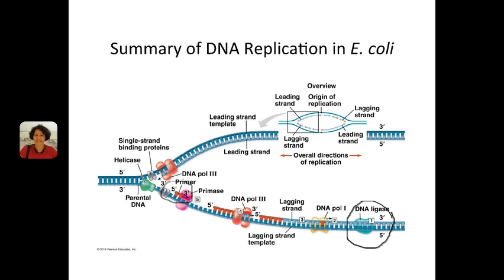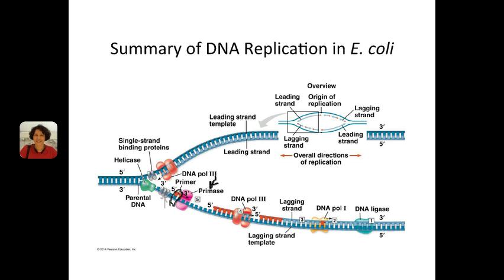If we take a look at what is happening right now, or most recently, we see that as helicase is opening the two strands, we've got the single strand binding proteins maintaining the DNA single-stranded, and then we see over here there is a primer, the red nucleotides, that is being laid down by primase.